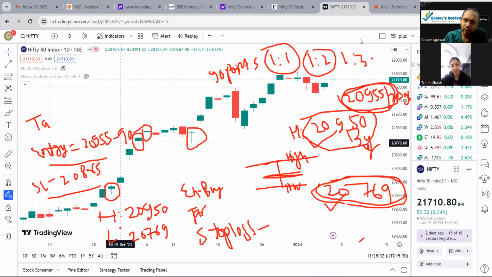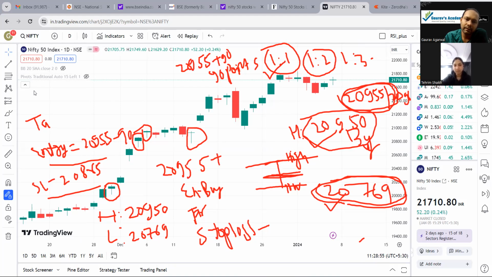What is your entry price? 20955. So if you want to take a risk reward of 1:1, then your target price will be 20955 plus 90. This will be your target price for 1:1 risk reward. If you want 1:2 risk reward, then your target will be 20955 plus 180.